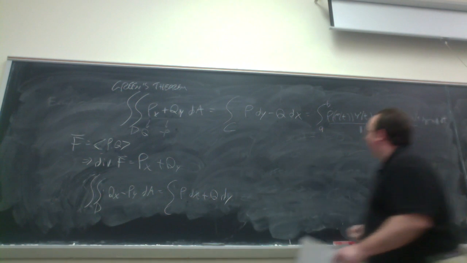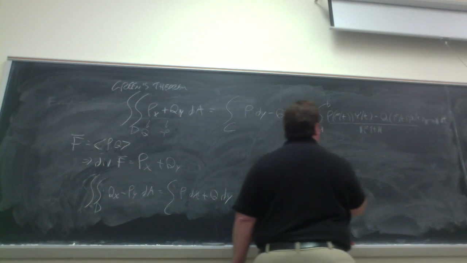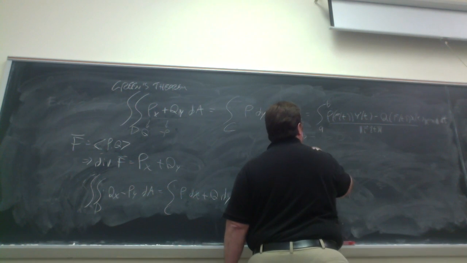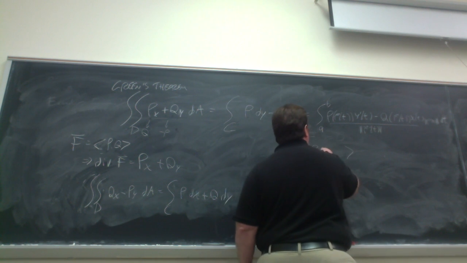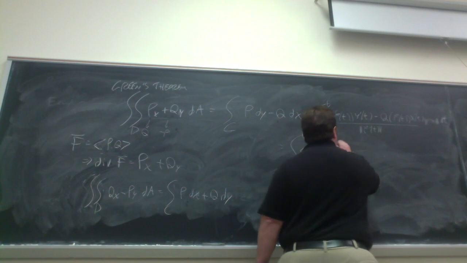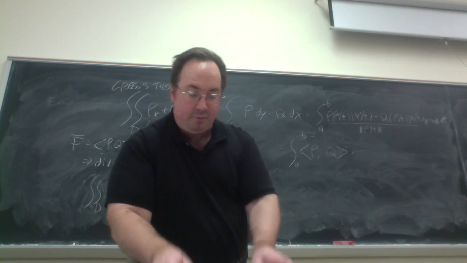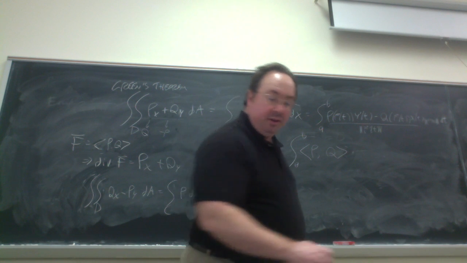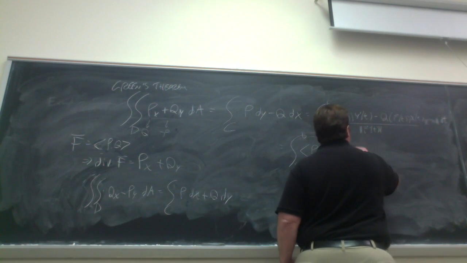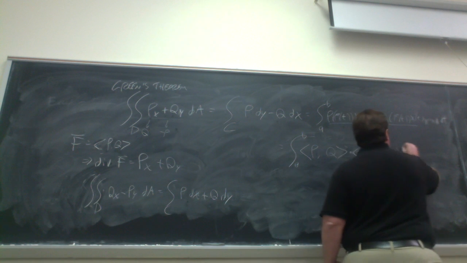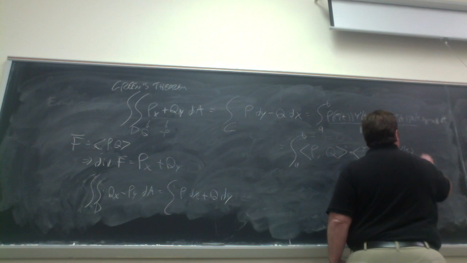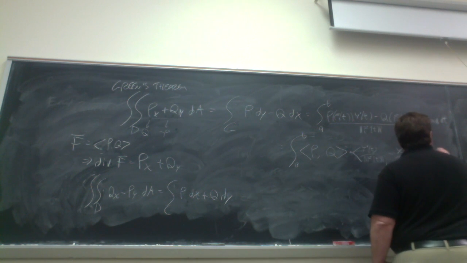Okay. So now I can express my integrand as a dot product of these two vectors. So I'm going to have P and Q, dot product with this vector, y prime over the magnitude of my tangent vector, and then minus x prime over the magnitude of my tangent vector, times the magnitude of my tangent vector.